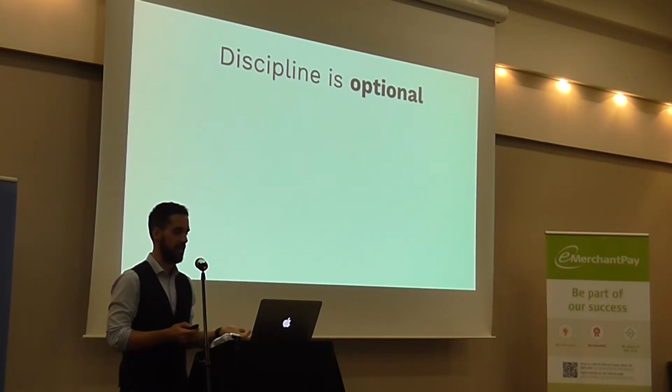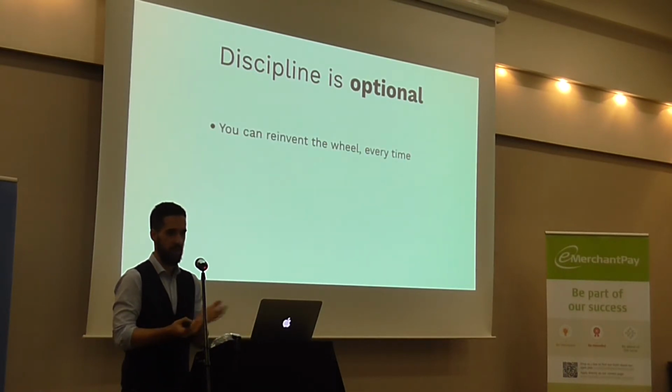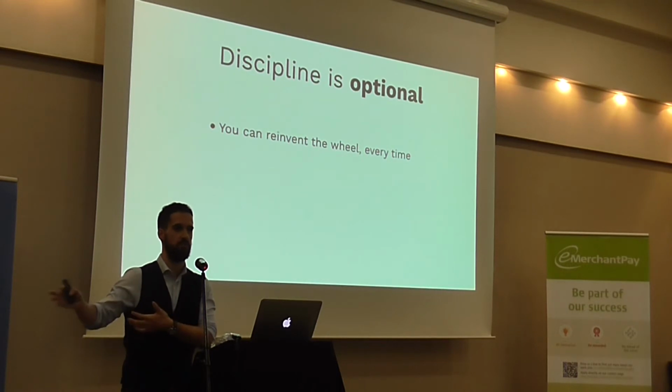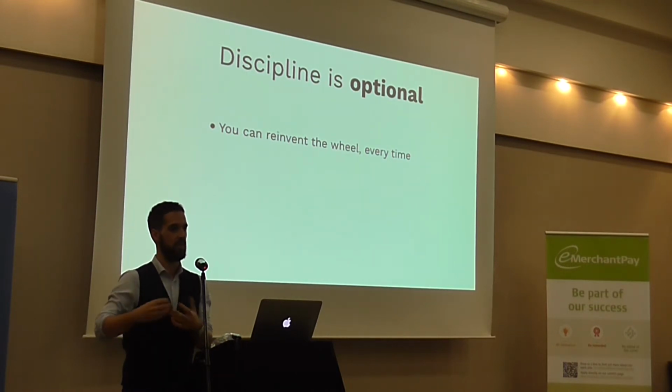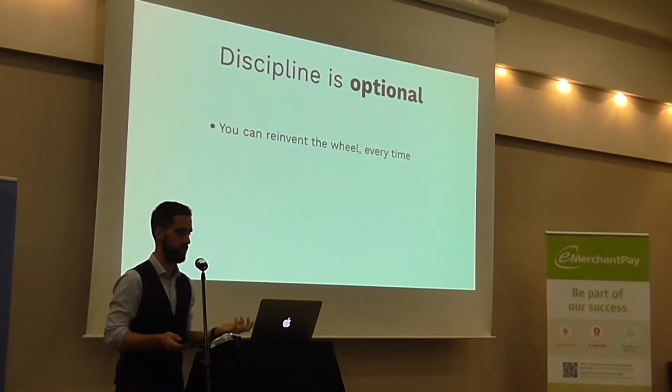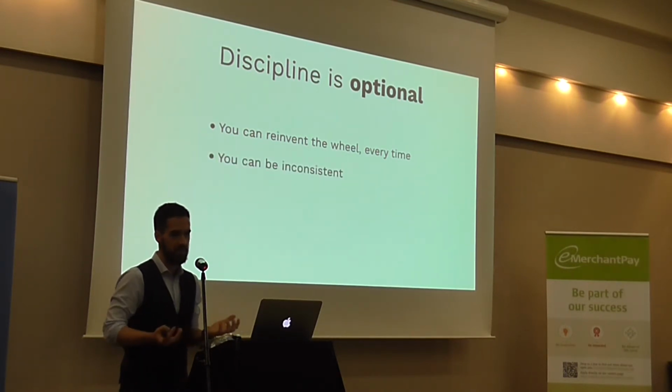And there are some options that we take in software projects. You can reinvent the wheel every single time. You can just redo libraries on your own every single time without going on Google and actually looking if someone has devised a better solution than the one you thought about. You can be inconsistent.